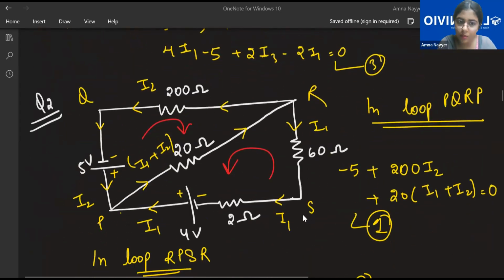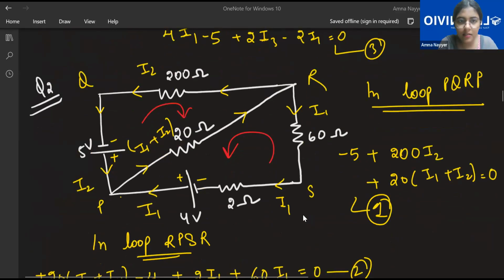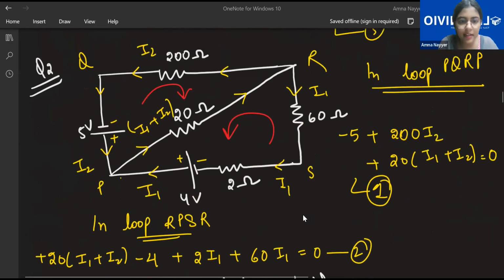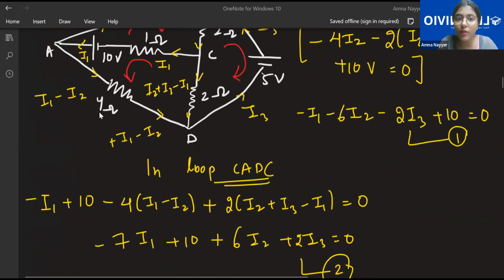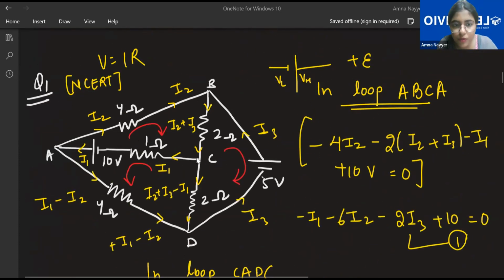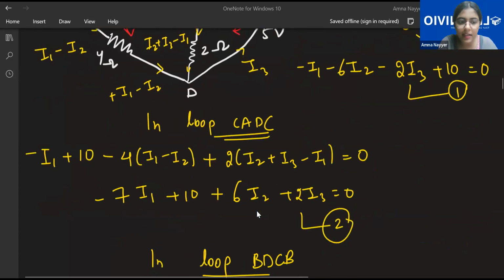Here with the same method, okay? Come here. Tell me. Two batteries are there, 4 and 5. We moved from positive to negative here. See the direction of our movement. Here we also moved from C to A. So negative to positive, plus 10. Here we moved from B to D. So positive to negative, minus 5.